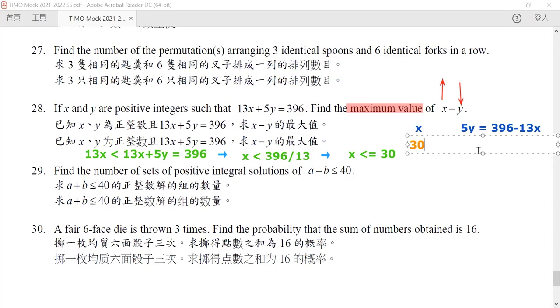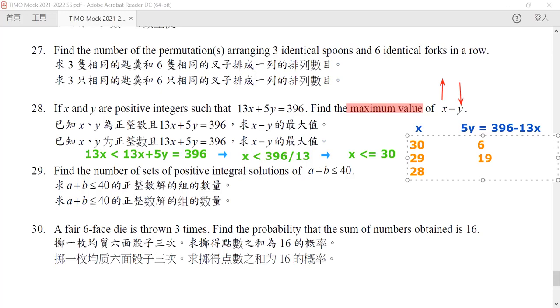Now it's very clearly seen that that is impossible because 396 minus 390 is equal to 6. This is not a multiple of 5. So it is impossible for x to be 30. So let us try another one. How about 29? Again, not possible.